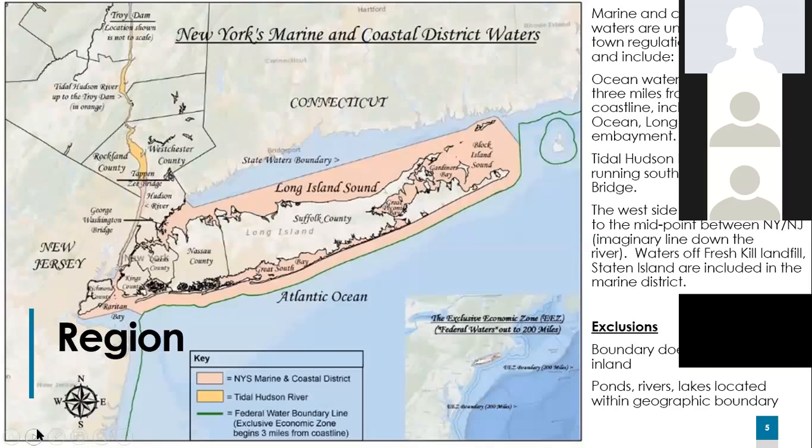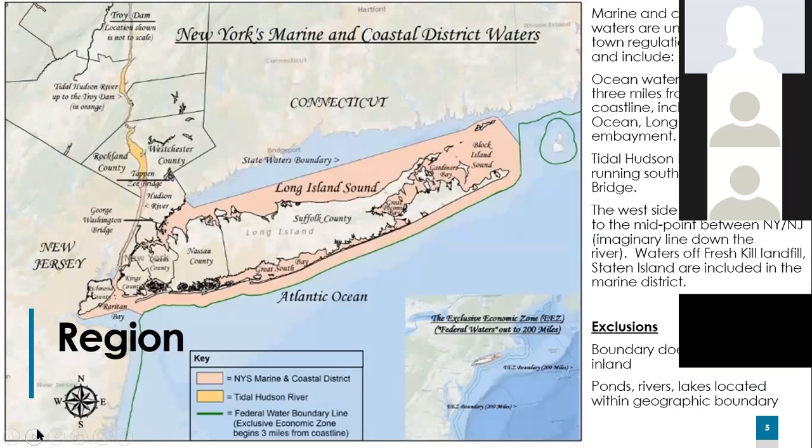So we've referred to the Marine and Coastal District several times, and I think we'd also like to spend just a quick minute to identify the geographic boundaries for this region, which includes waters under state and town regulatory authority.